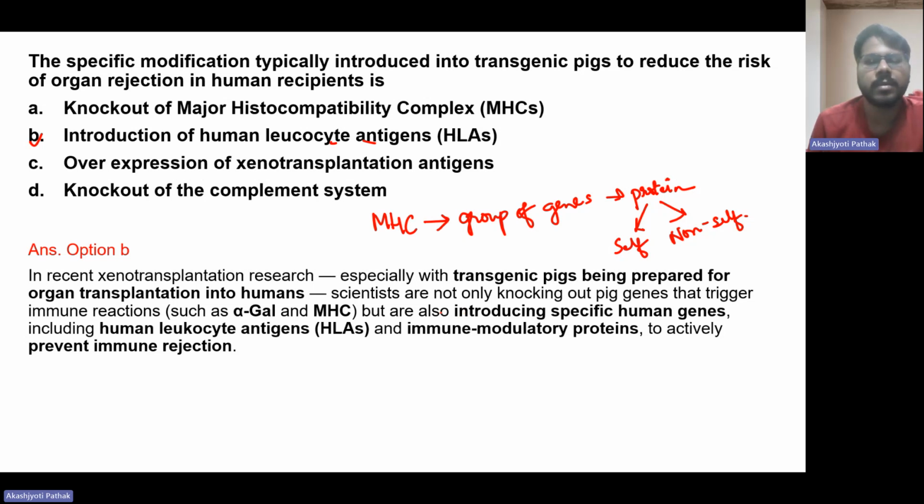So both things have to be done. The major histocompatibility complex proteins specific to the pig have to be knocked out, and the human leukocyte antigens, which are the MHC molecules particularly present in humans, also have to be introduced so that the chances of organ rejection decrease.